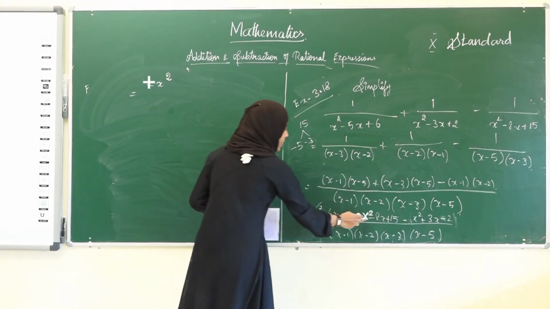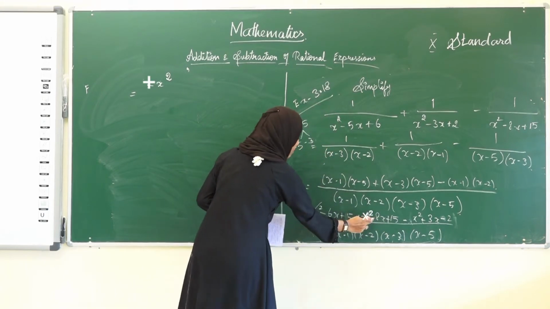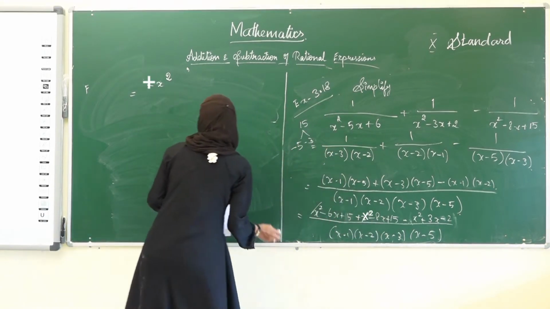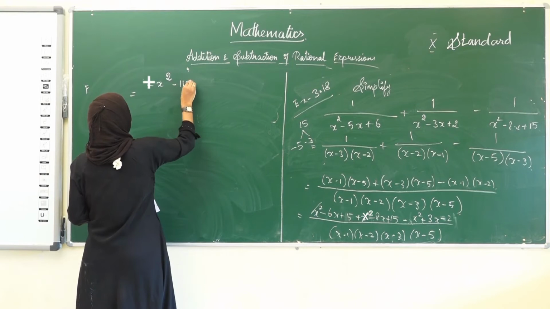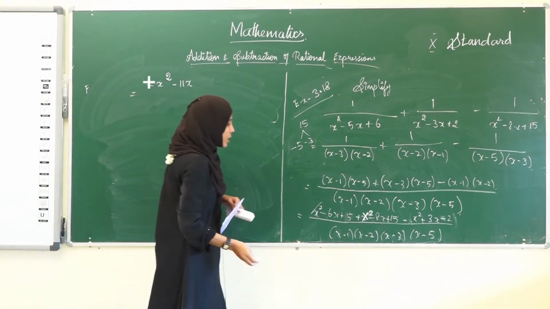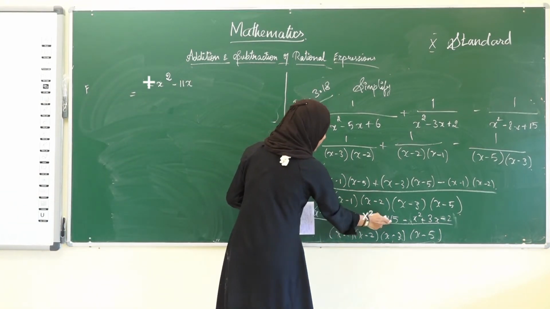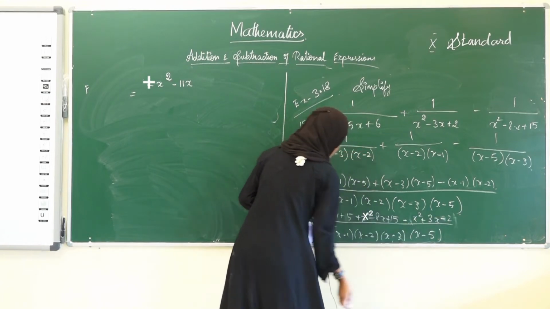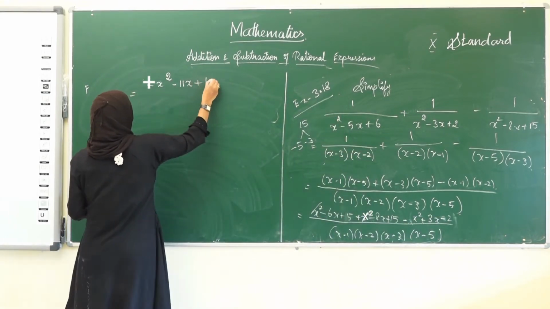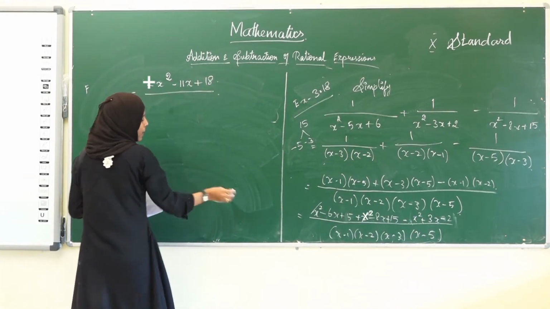Okay, minus 8 plus 3 is minus 5. Minus 5 and minus 6 is minus 11x. Okay, then the constant term. Here we have 5 plus 15, 20. 20 minus 2 is plus 18.